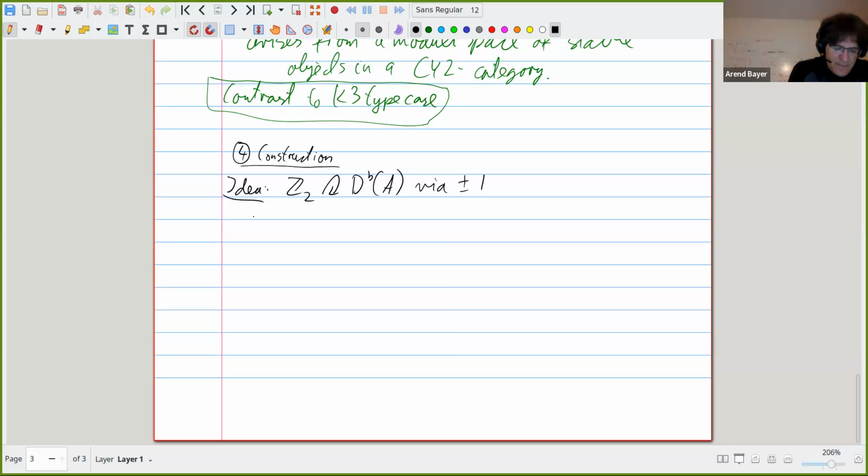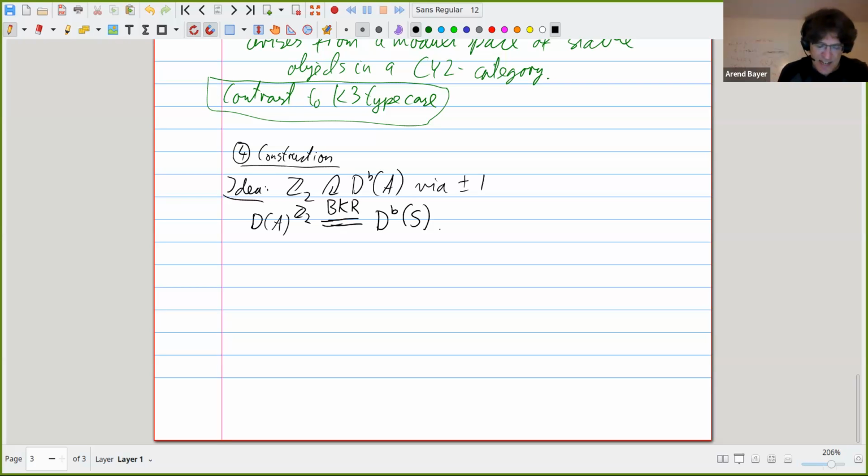Then I look at the equivariant category, the category of equivariant objects, and by Bridgeland-King-Reid this is known to be equivalent to the derived category of the associated Kummer K3 surface.